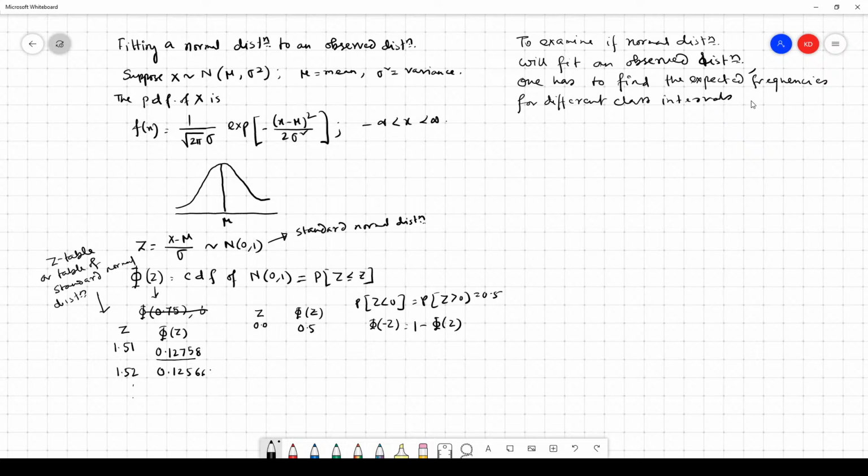and then compare the two series of frequencies.